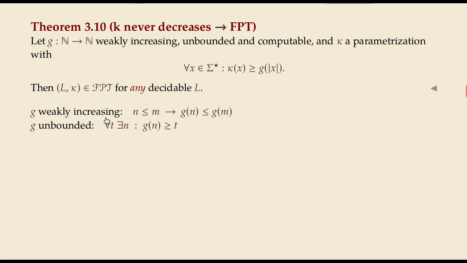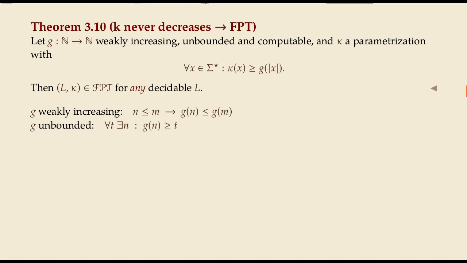So increasing would be just whenever you make the argument of the function larger, the function has to go up strictly. Weakly increasing means we have less or equal here. So we only need this for integers, so this is sufficient. And unbounded, a function is unbounded if it attains any value for large enough parameters.